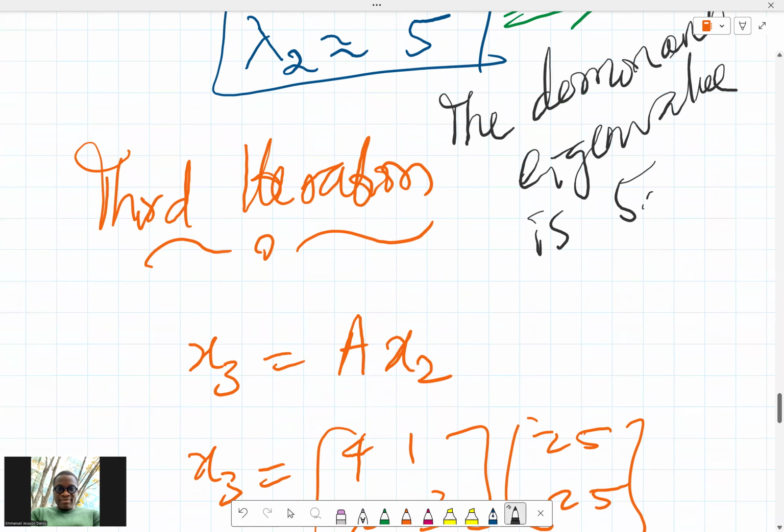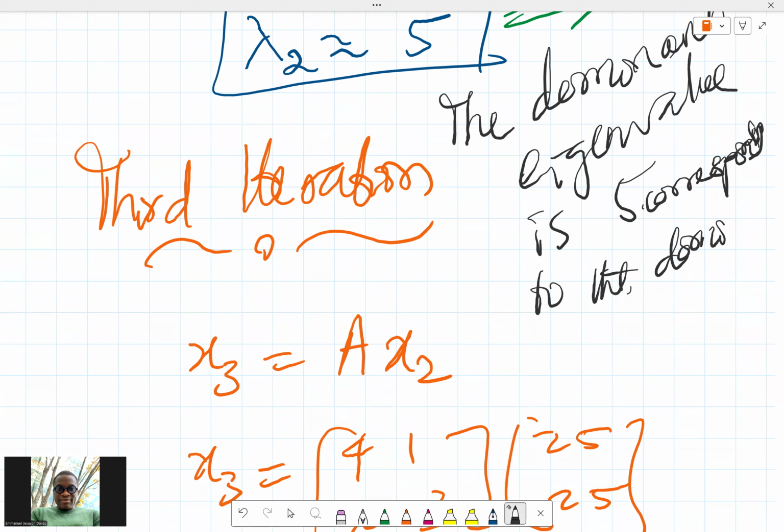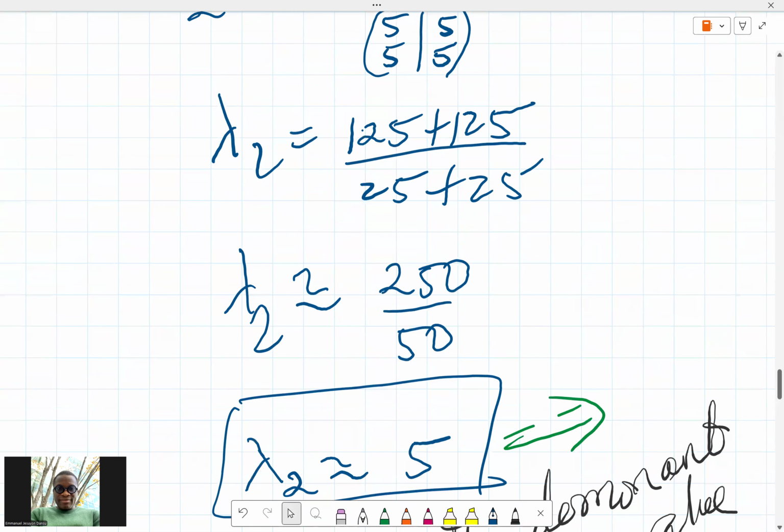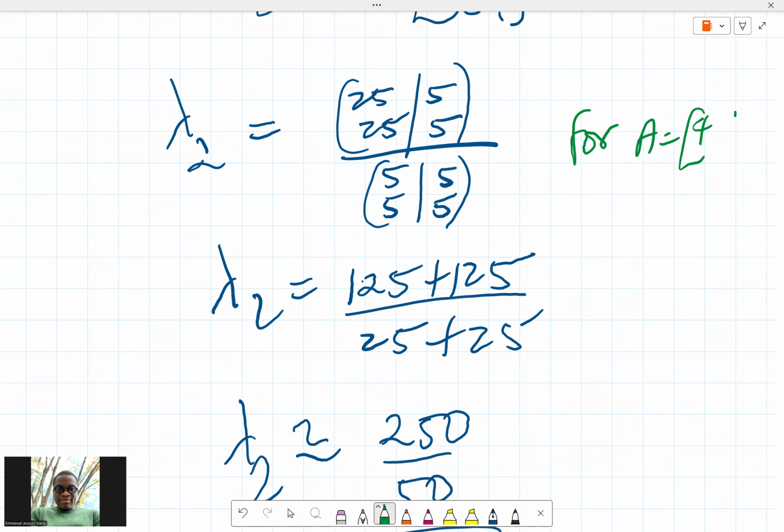But actually for this matrix, A equals 4, 1, 2, 3, normally, the absolute value of lambda max is actually 5, and the dominant eigenvector, if we call that Vmax, is actually 1, 1.